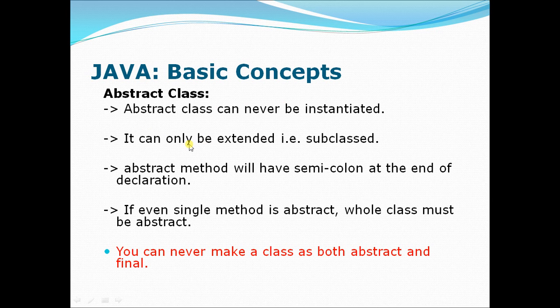To be extended, because the class which is half done, right? So people cannot stay. Now if you want people to stay, what do you have to do? Some contractor you have to give, right? So what is the purpose of an abstract class? To be extended.